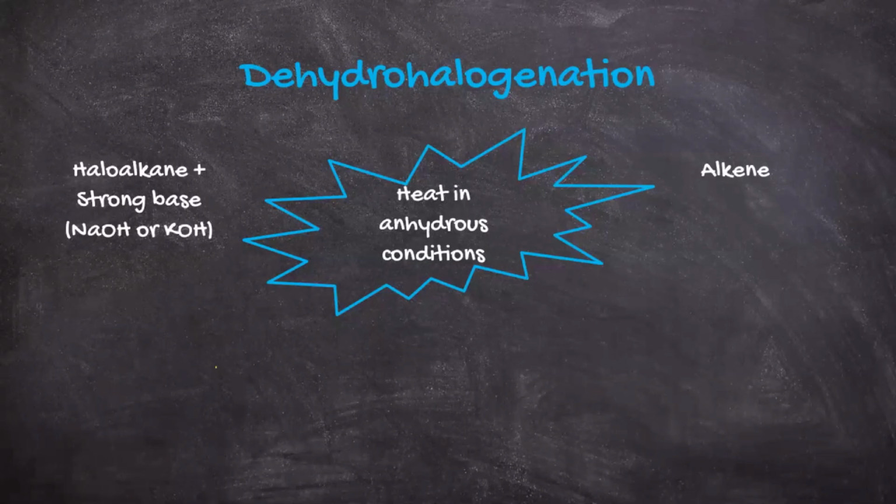This has to do with your major and your minor products, but your hydrogen will favor the more heavily substituted carbon. So your hydrogen wants to hang out with other hydrogens, and the halogen will go on the other side. Okay. I hope that answers your question because I don't want to get into major and minor products here. We don't honestly have time, and I would like to cover the basics. But if that answers your question, I'm happy.